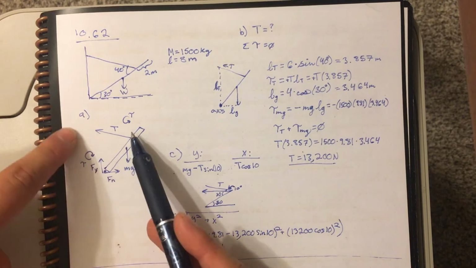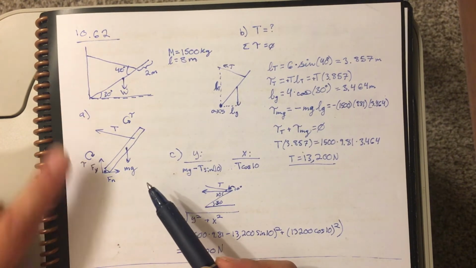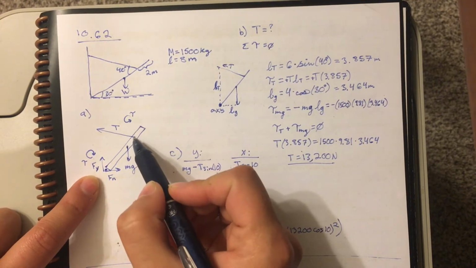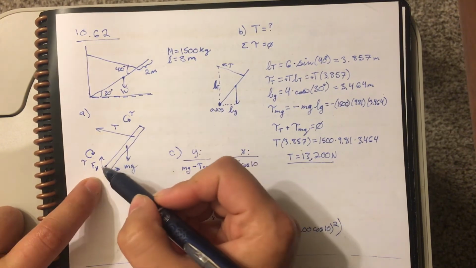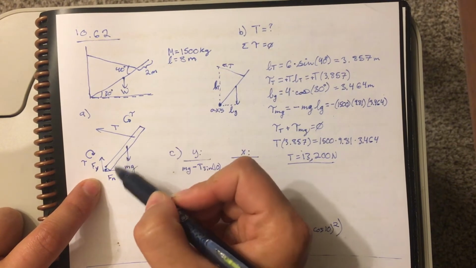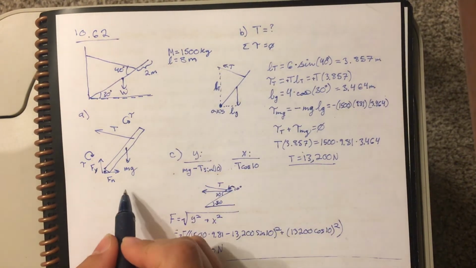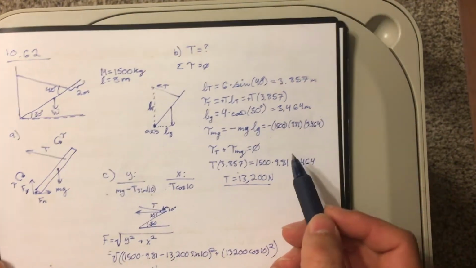Or the vertical component of tension could be bigger, or it could be smaller, and you don't know originally. But we know that it has to be going up because the torque, this one, is going that way, and so to even it out, this torque has to be going this way, and so force has to go that direction. Hope that makes sense. Okay, so that's the free body diagram.